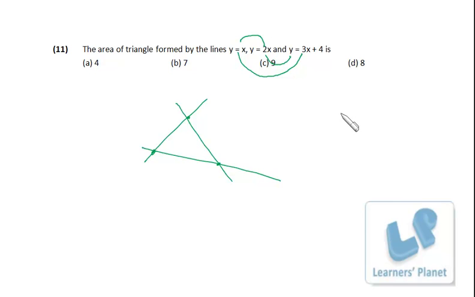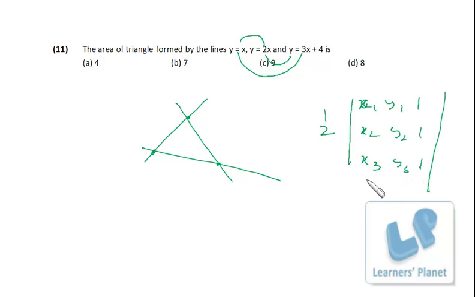And for that we use the determinant method, that is half x1 y1 1, x2 y2 1, and x3 y3 1. Now if the area of the triangle, whatever you calculate, is 0, then the 3 points are collinear, right? So this formula you must be knowing. When you have 3 points, you can easily calculate the area of the triangle.